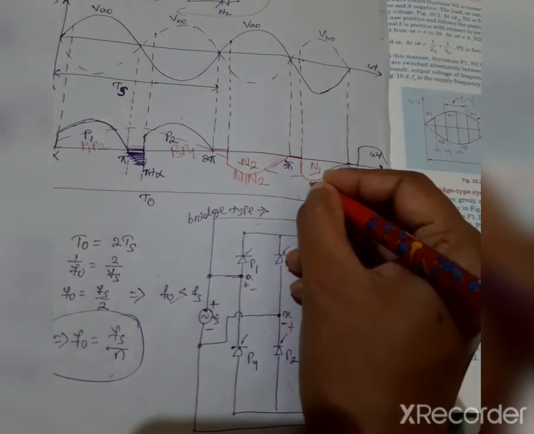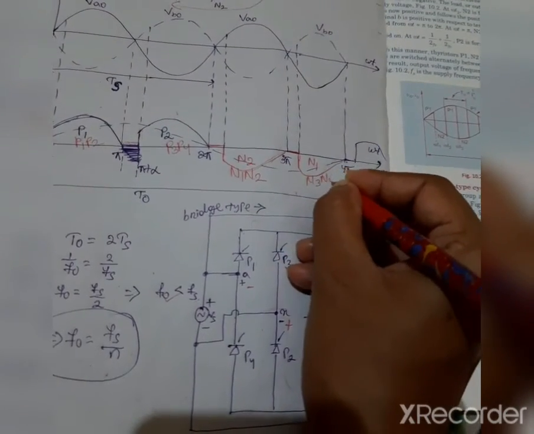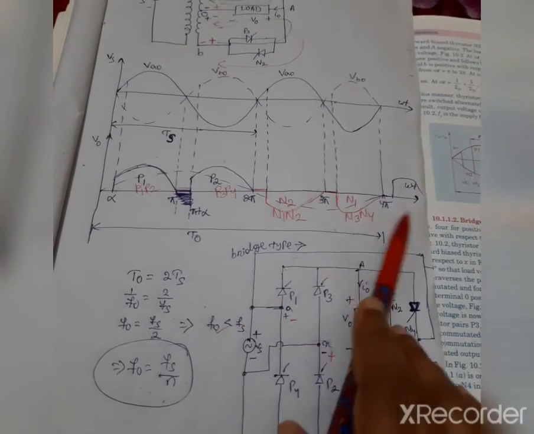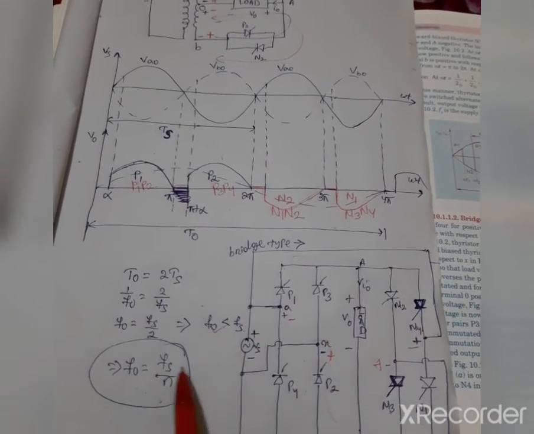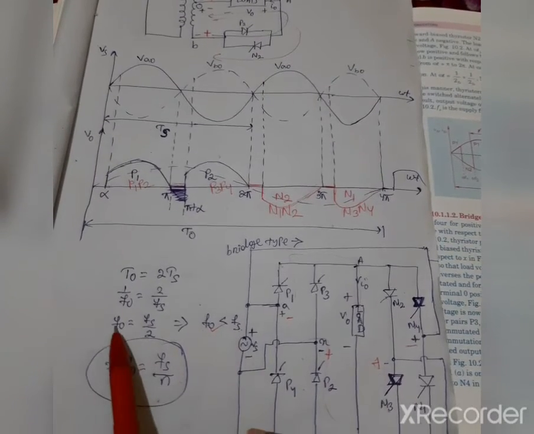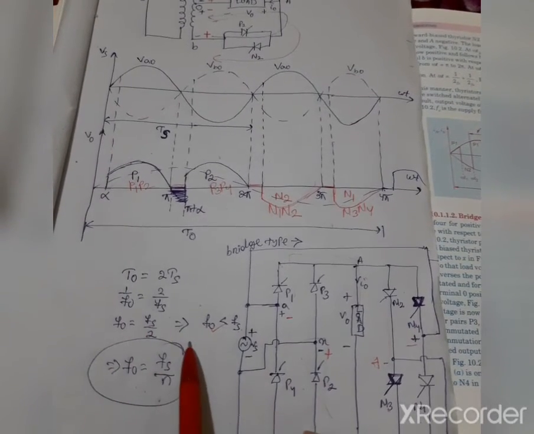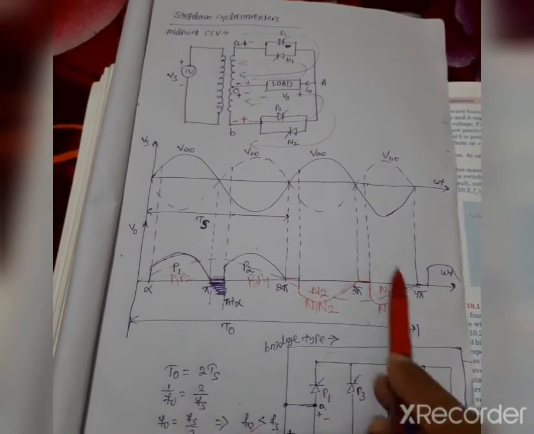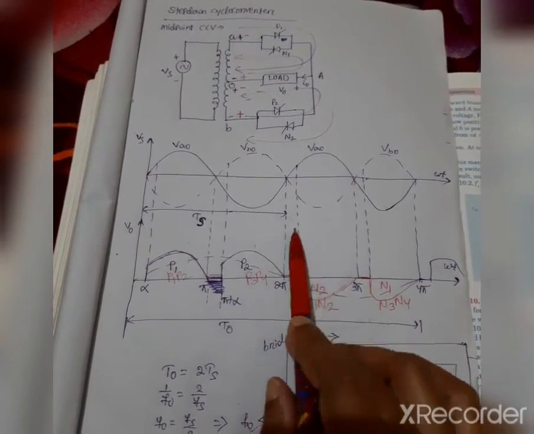So here N3 N4 will conduct. Like this we found the waveform for the bridge type, and the conclusion is also the same: F0 less than Fs, that is F0 is equal to Fs by 2. So this is all about the step down cycloconverter.